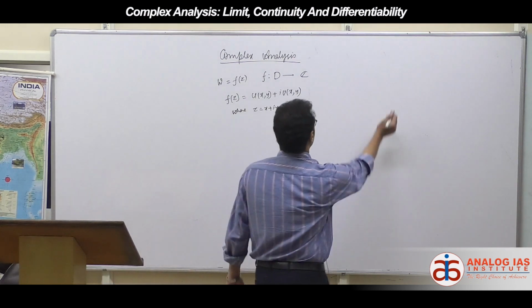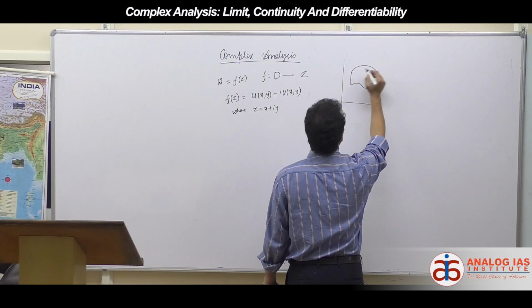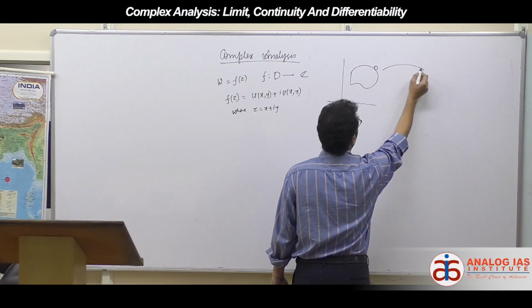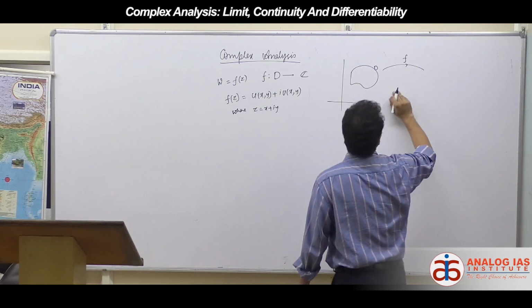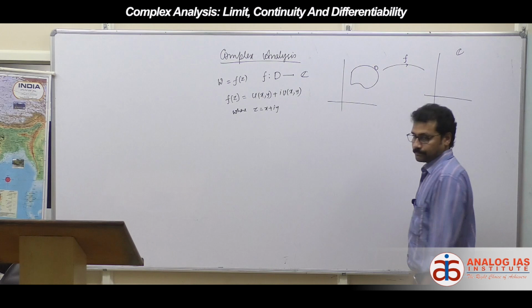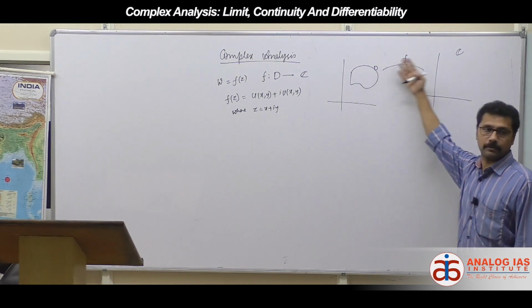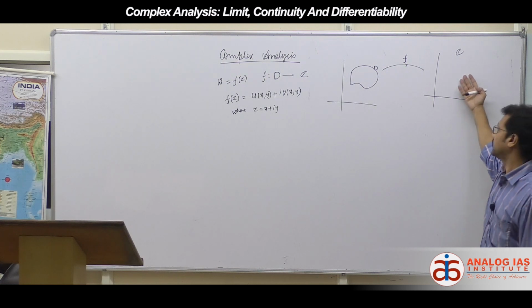Now, quite obviously, if you have a complex plane in which I take a domain D, it is mapped by a function f to another complex plane. Points here would be mapped to points in the complex plane here.